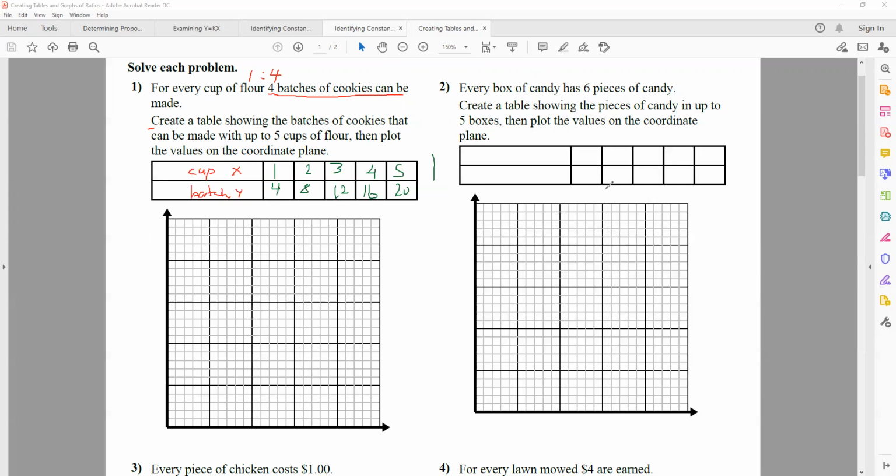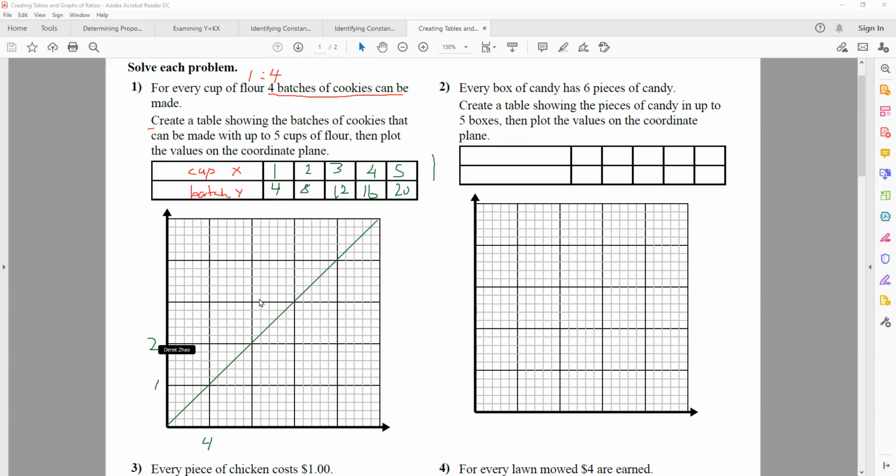So let's see, hold on, and then let me get the, and then that would just be 1, 4.